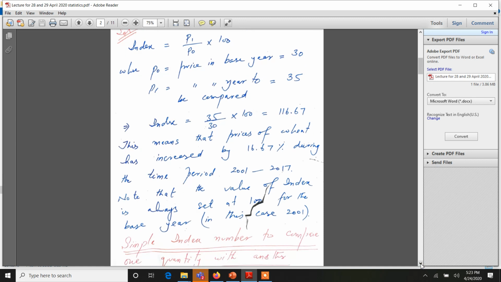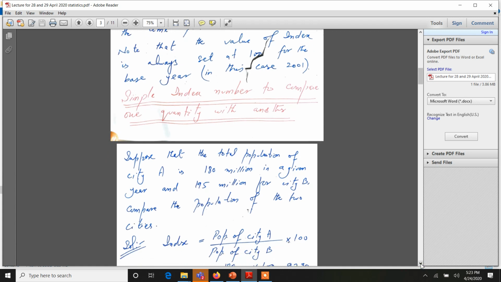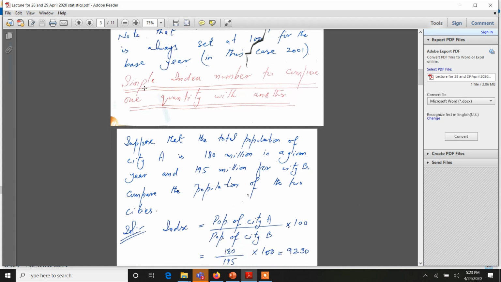Okay? Next we have the simple index number to compare one quantity with another. Currently we were comparing price. Now again we have a simple index number, but now we are comparing quantity. So the formula will be the same. You will be dividing those quantities.